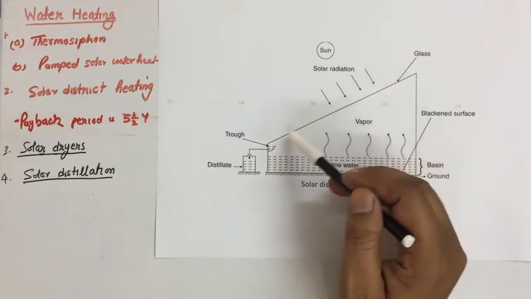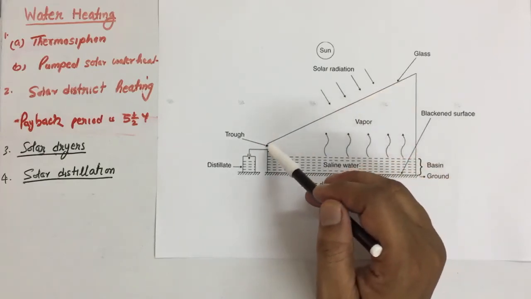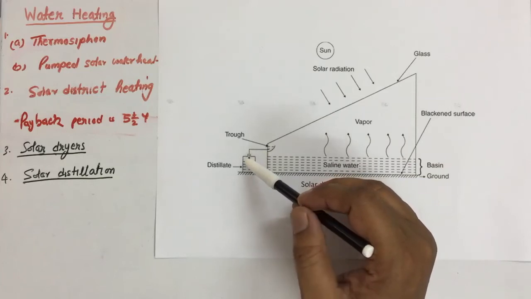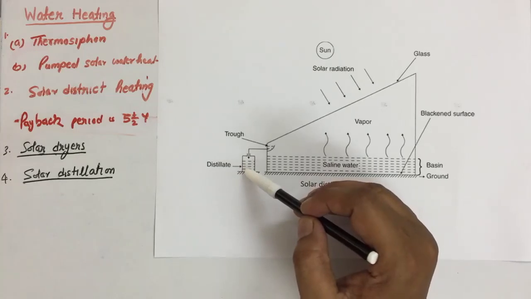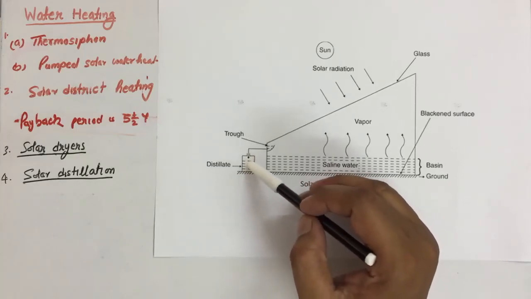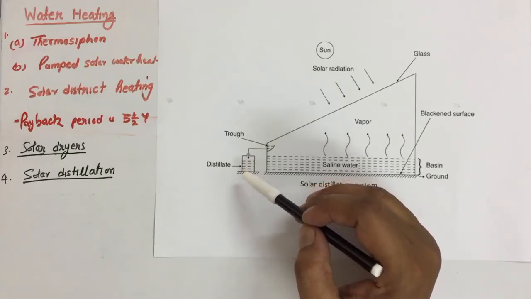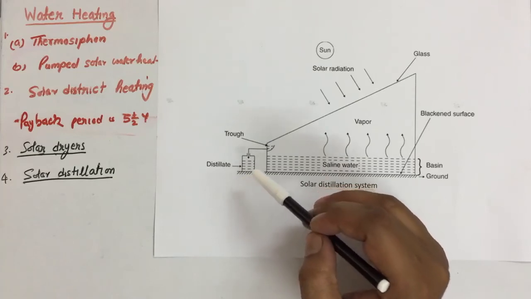This is glass, the inner surface of it, and that can be collected through this path, and this is the distilled fresh water tank, and the fresh water can be collected from here, that can be utilized for different purposes.